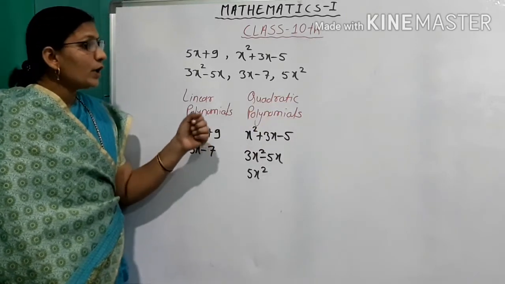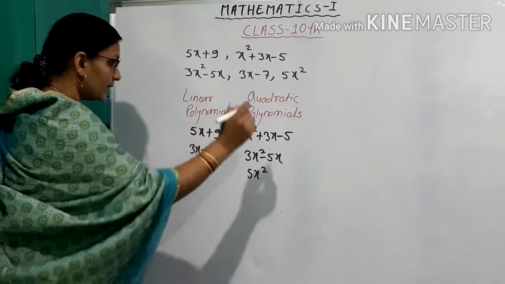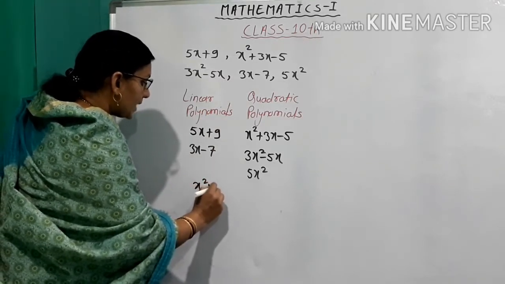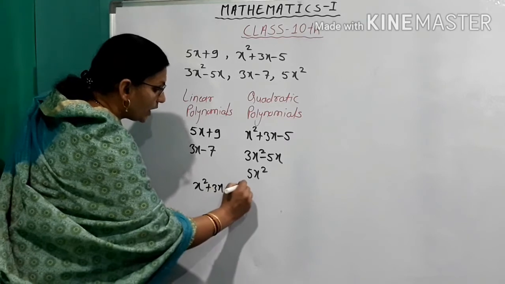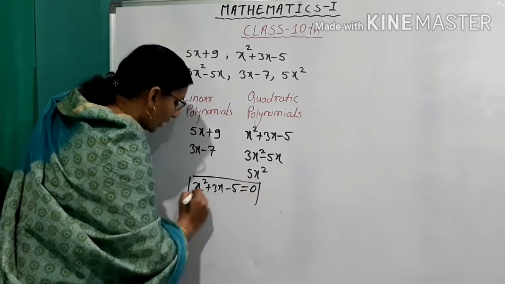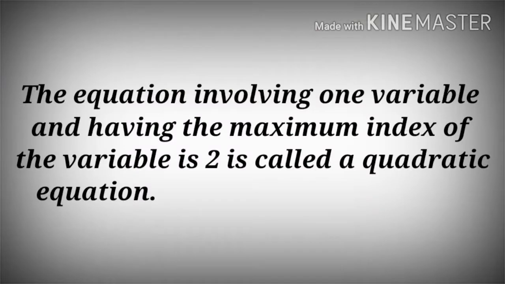If these quadratic polynomials are written as x square plus 3x minus 5 is equal to 0, then it becomes a quadratic equation. Therefore, the equation involving one variable and having maximum index of variable 2 is called a quadratic equation.